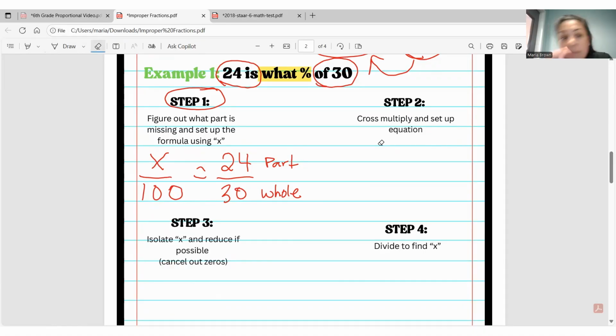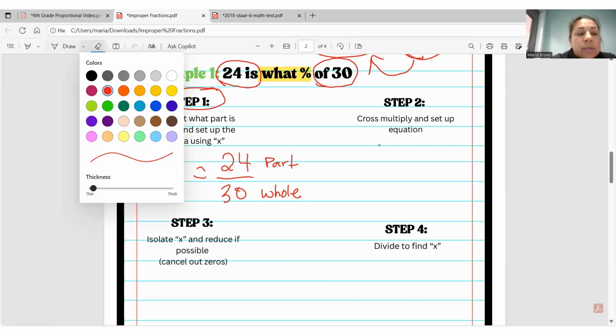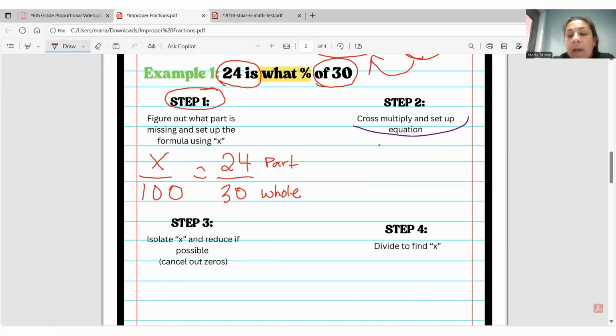So step 2, I'm going to go ahead and color code this so you can understand where I'm at in the problem. Step 2 is to cross multiply now and to set up the equation. You can reduce first if you want, but usually I just like to go ahead and cross multiply.